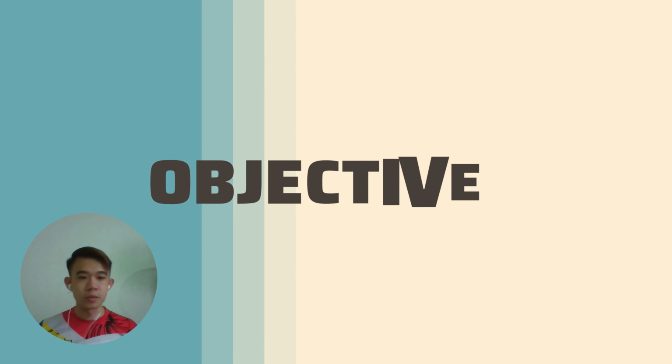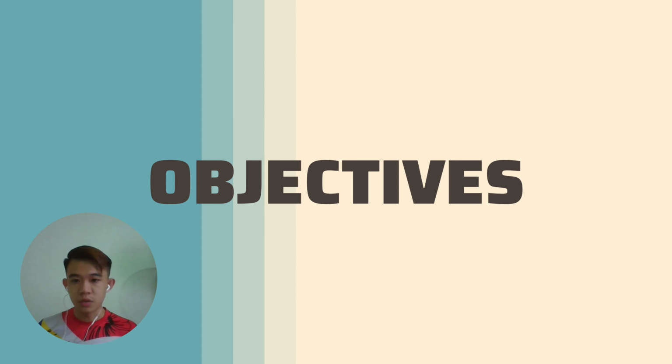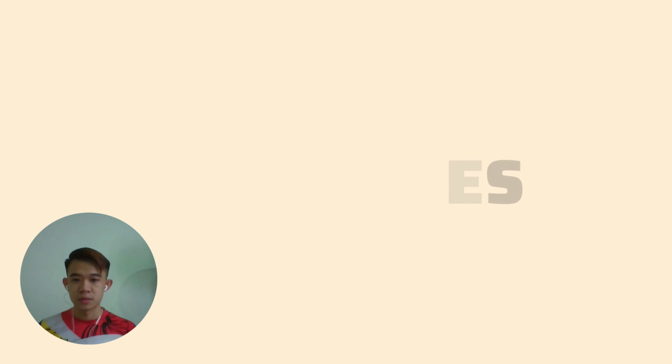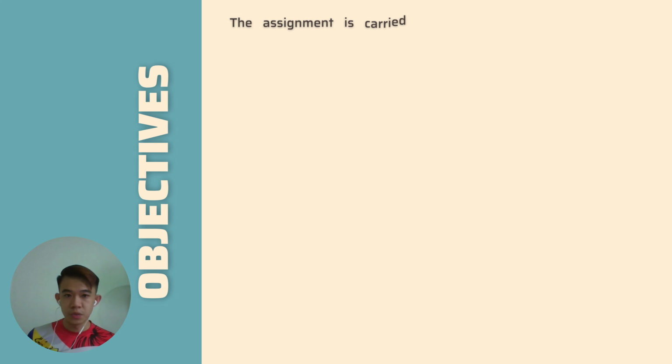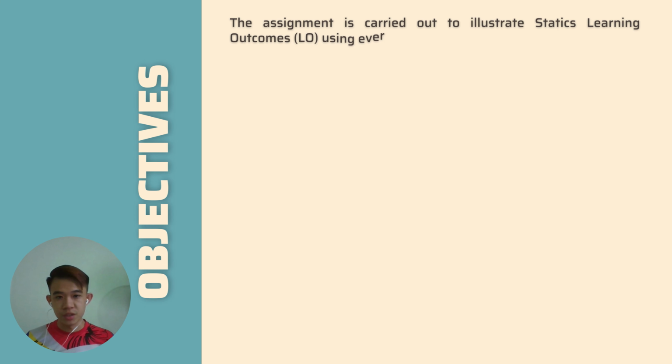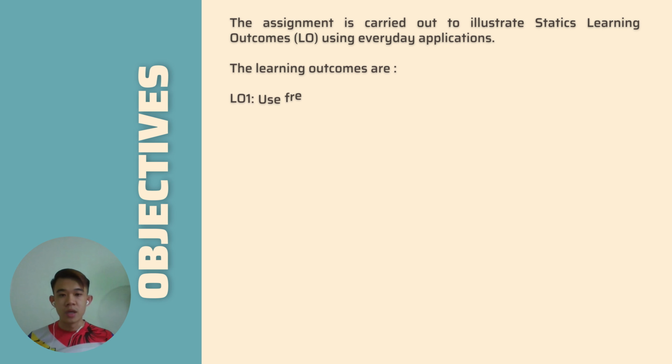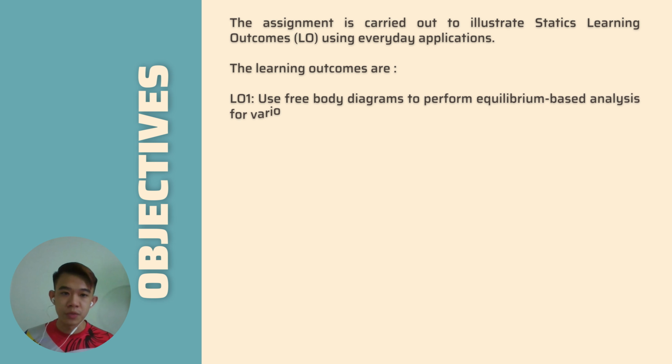Now, I would like to talk about the objective of our assignment. For our assignment, we have allocated 2 objectives. The first objective is to illustrate static learning outcomes using everyday applications. There are 6 learning outcomes which we are required to achieve for this assignment. The first is to use free body diagrams to perform equilibrium-based analysis for various structures.